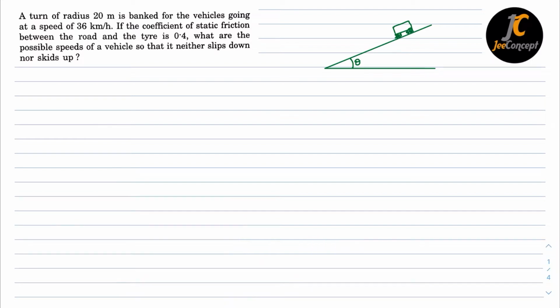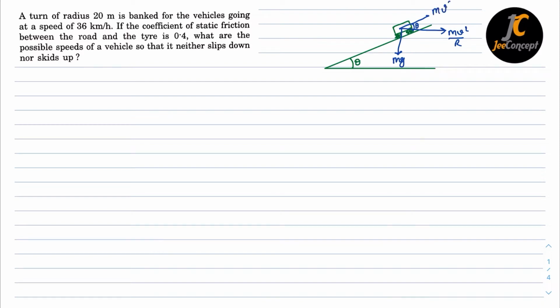Let's say this is the angle theta of the slope of this road and this is the car going on the banked road, right? So in this particular scenario, the mg force will act in the downward direction. The mv square by r centrifugal force will act in the outward direction. If this is angle theta, then this angle will also be theta. So that means there will be two components of the centrifugal force.